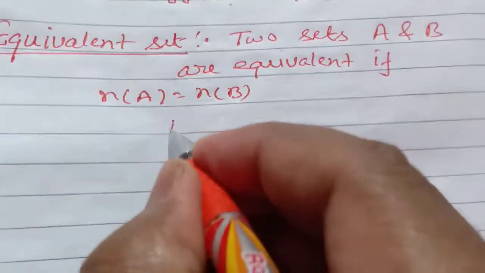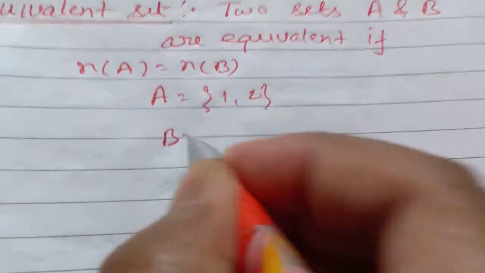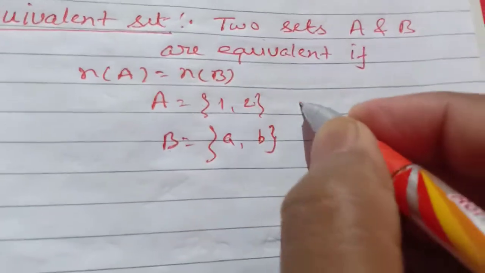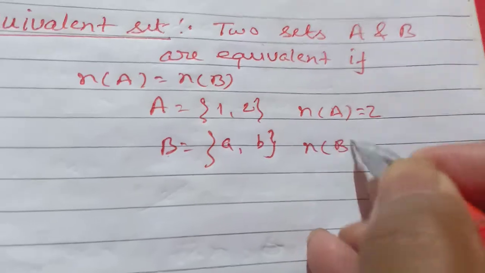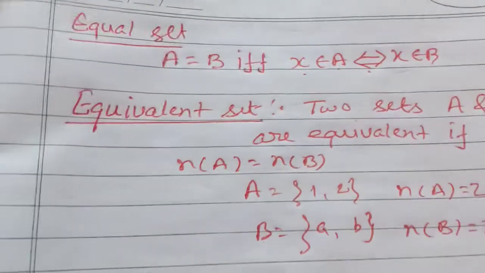For example, A is equal to {1, 2} and B is equal to {a, b}. Here n of A is equal to 2 and n of B is also 2. Therefore both are equivalent sets.